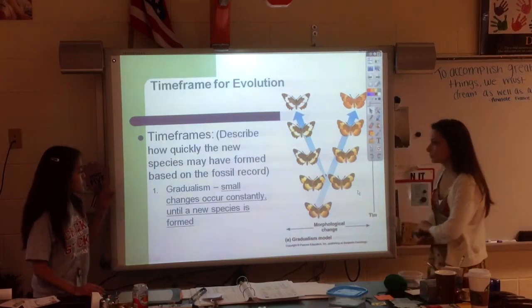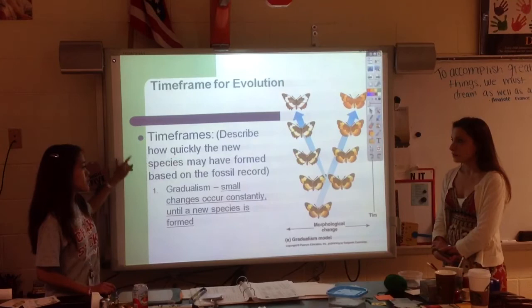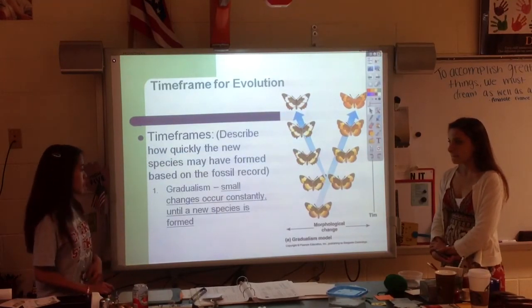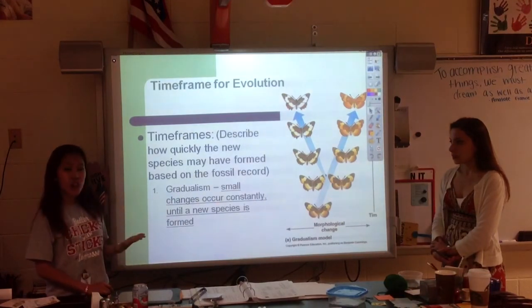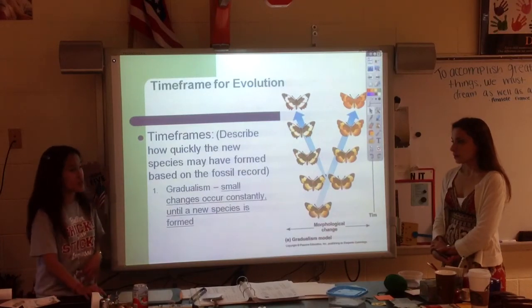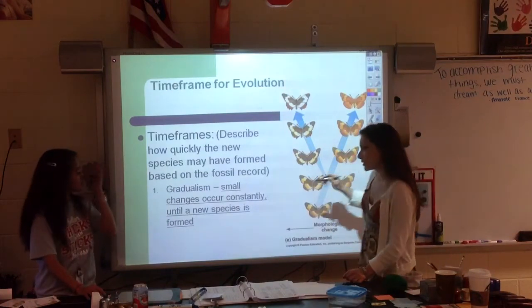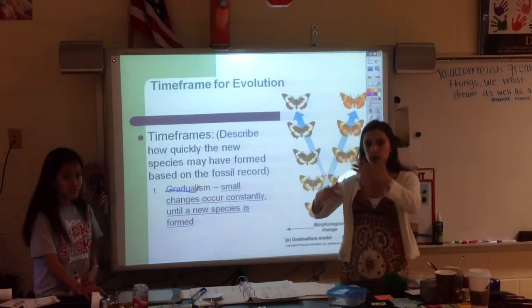So then we have two types of time frames for evolution as well. A time frame is going to describe how quickly the new species may have formed based on the fossil record. The first time frame is called gradualism. This is where you have small changes occurring constantly until a new species is formed. And so we do want to focus on the word gradual, which means slowly over time.